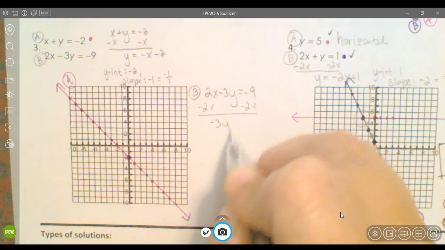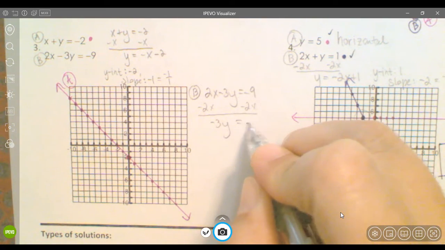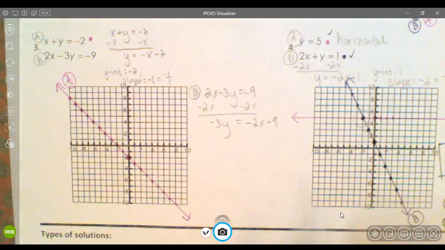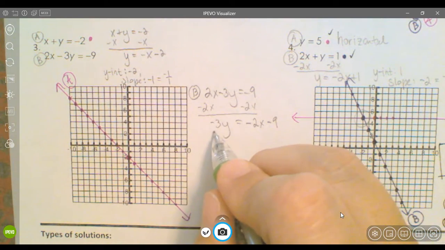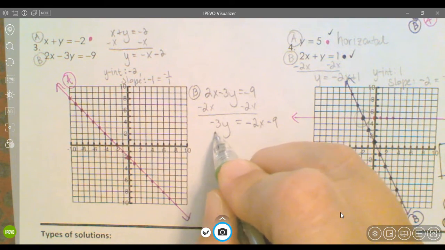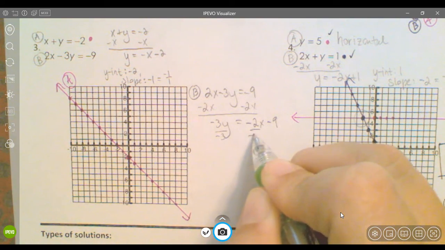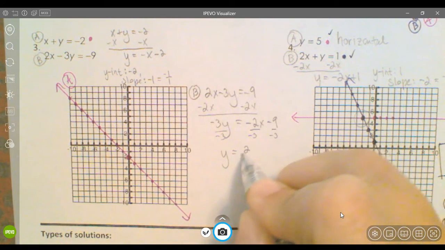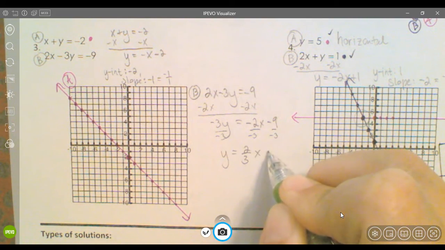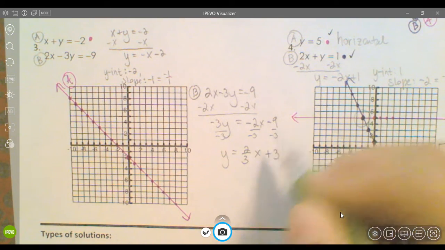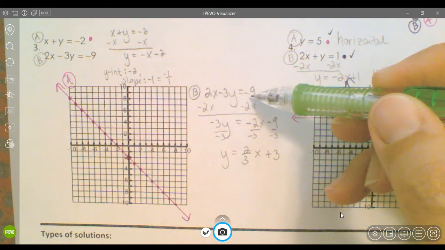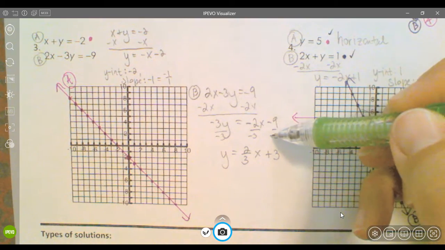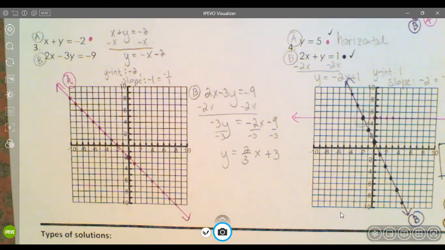When I do that, I get -3y equals -2x minus 9. And now I'm going to divide everything by -3. And I get y equals a positive 2/3 x plus 3. Because when you take the -9 and you divide it by -3, you get a positive 3.